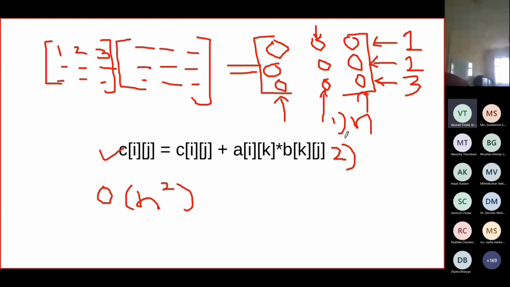So in this mini project, what is expected? It is expected that students implement this simple algorithm for matrix multiplication. Then students also implement the multi-threaded matrix multiplication, meaning threads can be created. 9 threads can be created for 9 elements if it is a 3 by 3 matrix, or you can create 3 threads, 1 thread per row or 1 thread per column, and compare the time required for each of the algorithms.